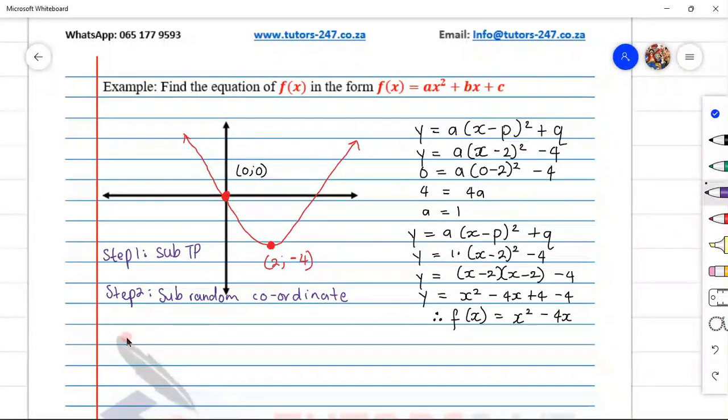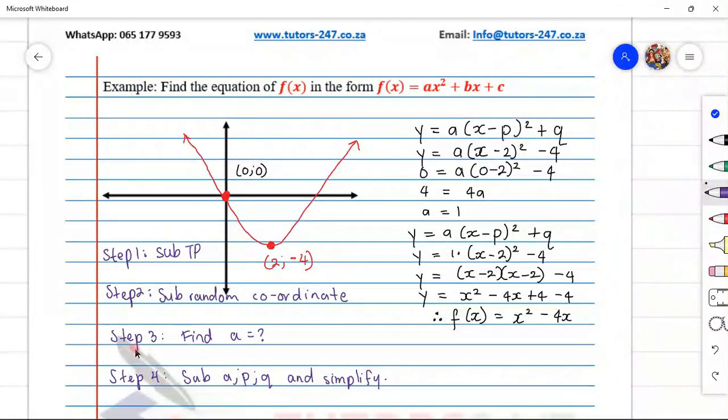After we substituted our random coordinate, we needed to find our value of a. Once we found a, our last and final step was to substitute a, p, and q and simplify. So there's only 4 steps involved.